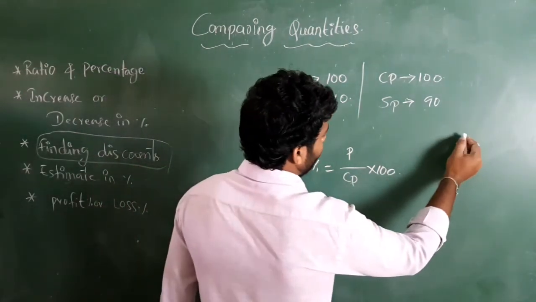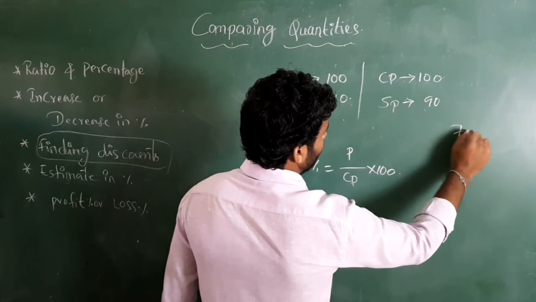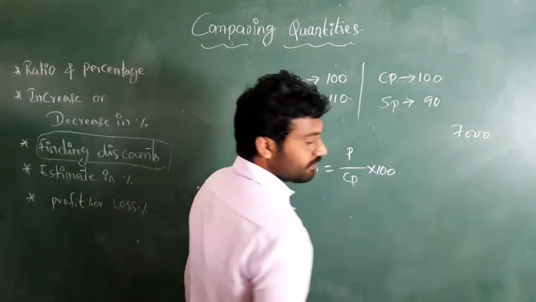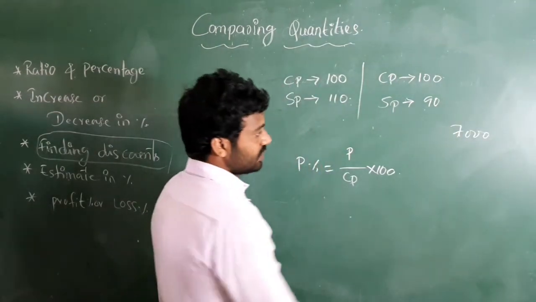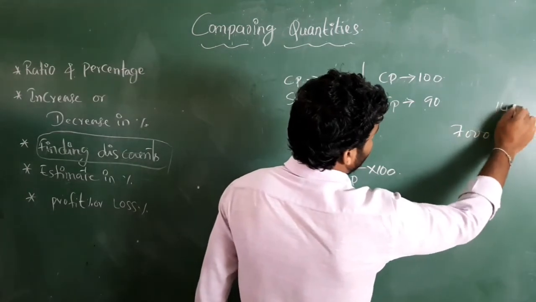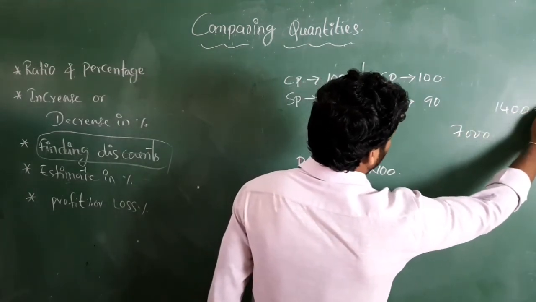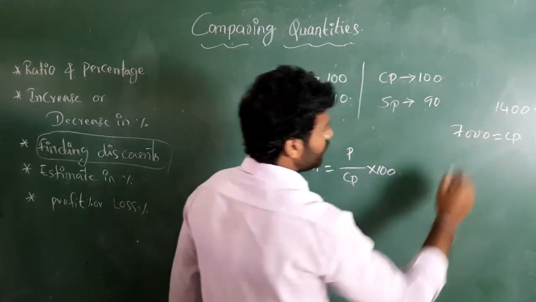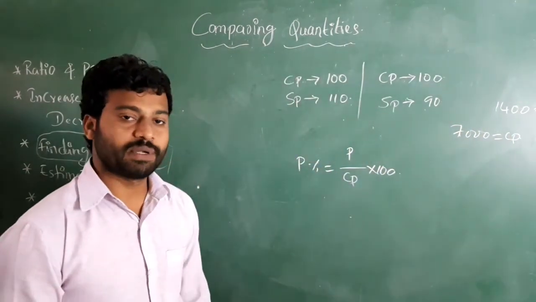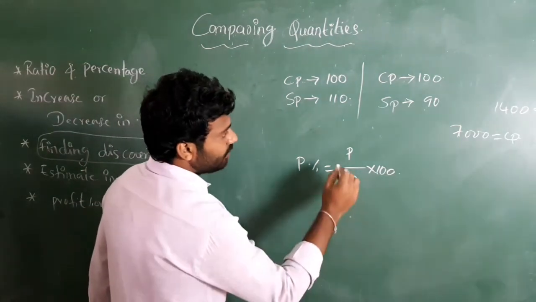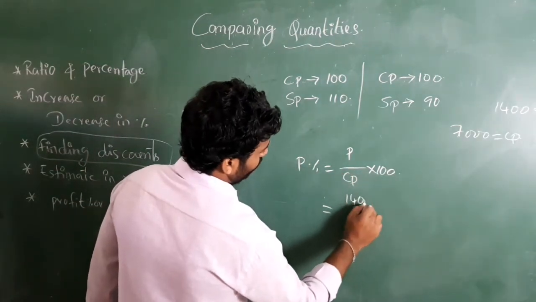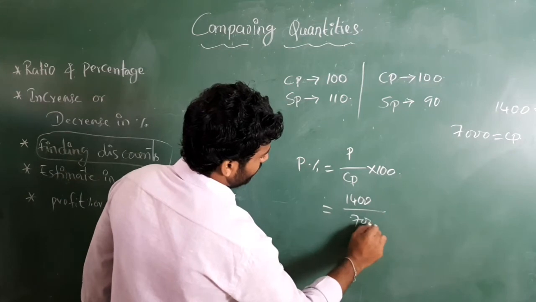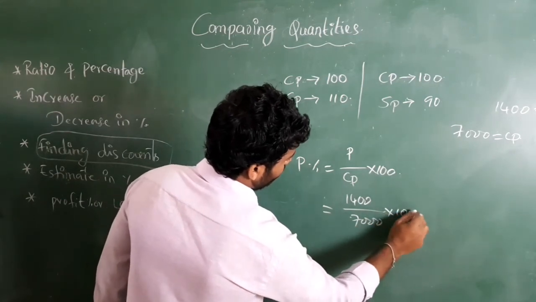Suppose any one cost price is 7,000, and 1,400 is the profit. This is the cost price. Then find out the profit percentage. If they ask, you write down the same: profit is 1,400, cost price is 7,000, into 100.